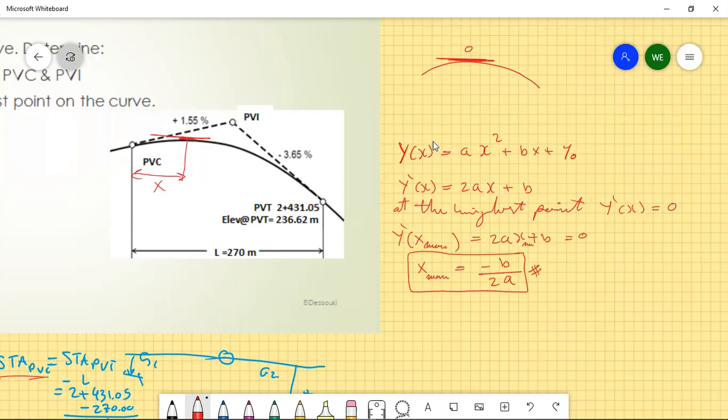So what's b? Let's substitute in this. Let's first calculate a. a equals G2 minus G1 divided by 2L.